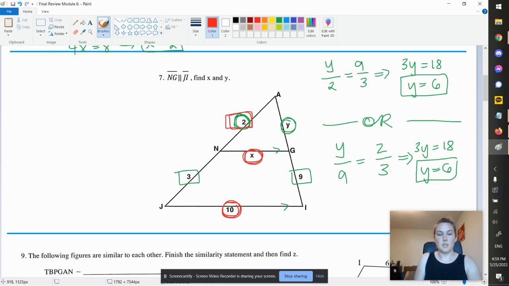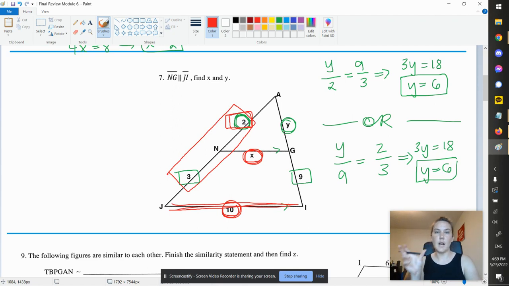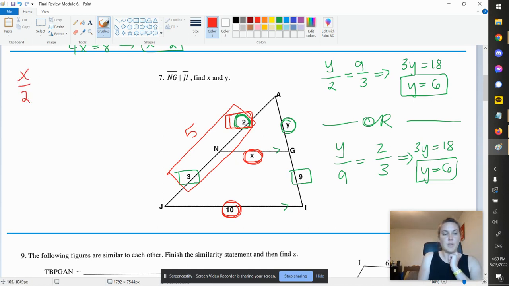We can compare x to 2, and 10 we would compare to the entire side. Because this isn't a part of a side, it's the entire bottom, we want to compare it to the entire side of 5. So our fraction would be x divided by 2 equals 10 divided by 5.